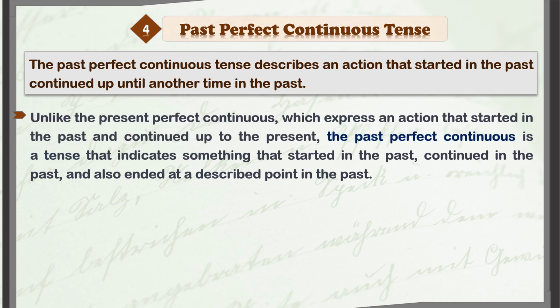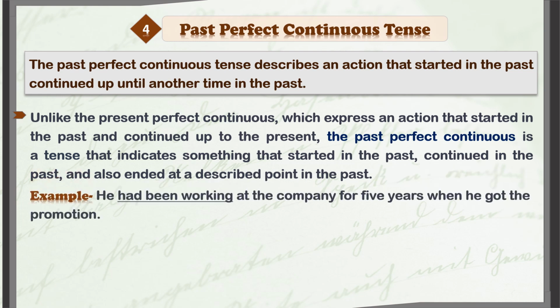Unlike the present perfect continuous, which expresses an action that started in the past and continued up to the present, the past perfect continuous is a verb tense that indicates something that started in the past, continued in the past, and also ended at a described point in the past.